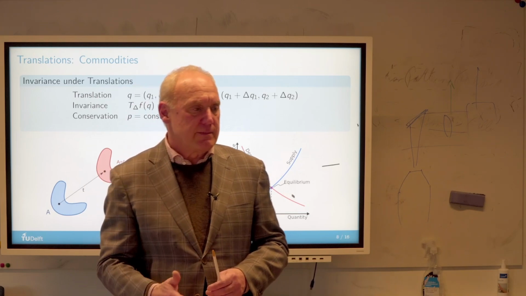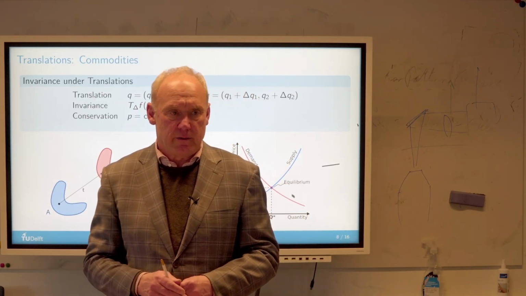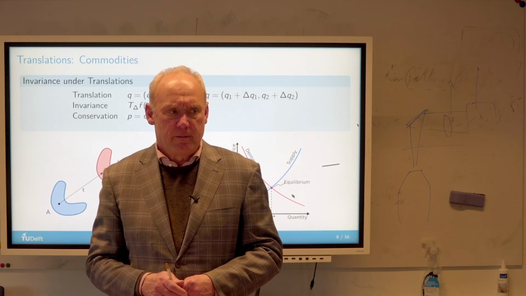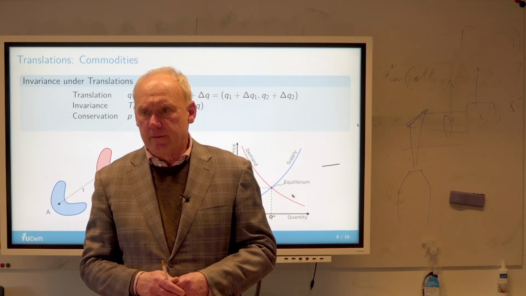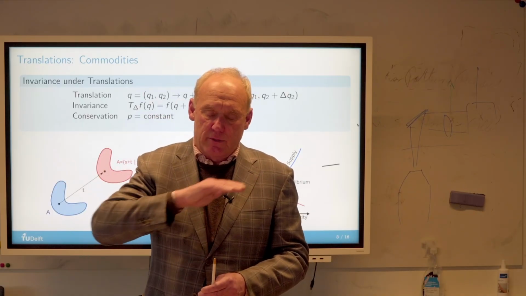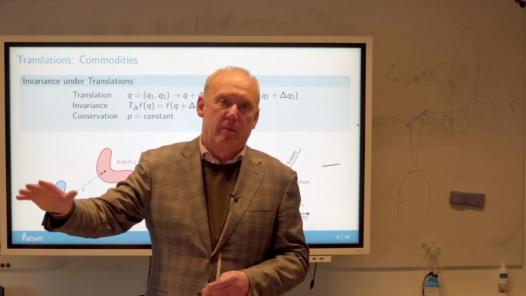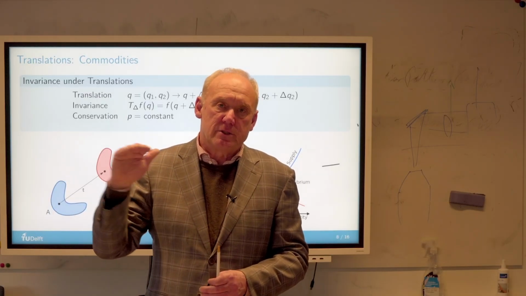So every symmetry gives you a conserved quantity. That's kind of the cool thing. So linear symmetry, the homogeneity of space, gives you linear momentum. So a commodity theory gives you a price that is constant.